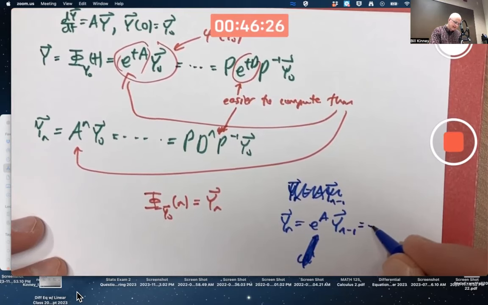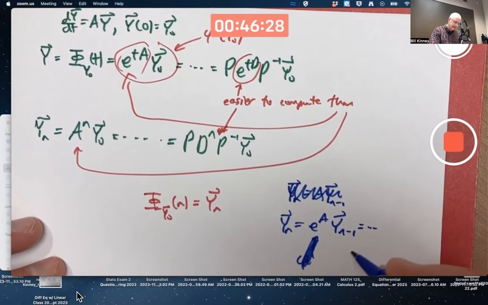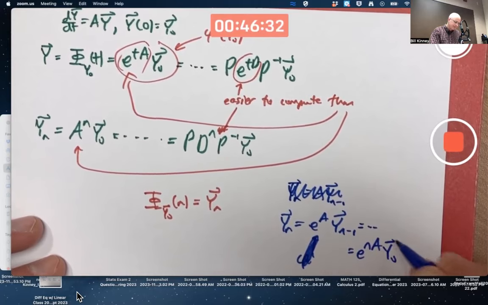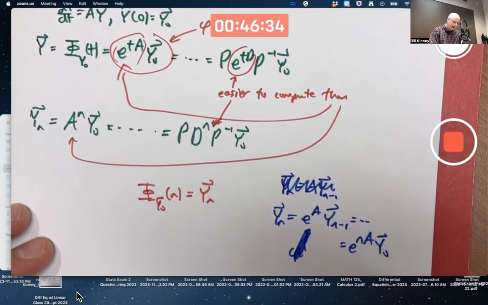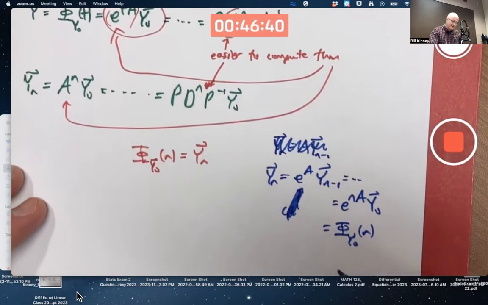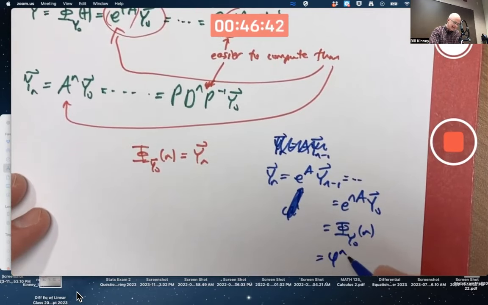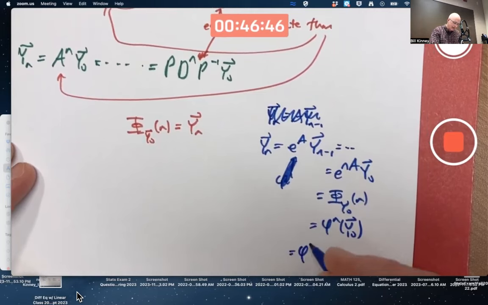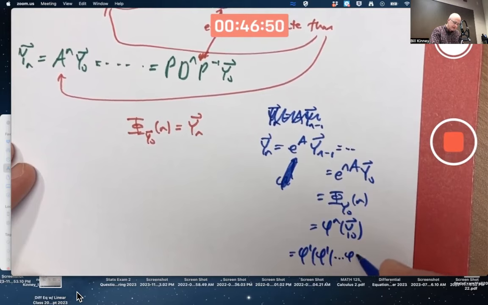Ultimately, if you iterate this, it ends up equaling e to the nA, y naught. And that is the same as this thing, which is the same as this thing, which is the time one map iterated with itself n times. Okay, that was probably more complicated than I should have bothered with.